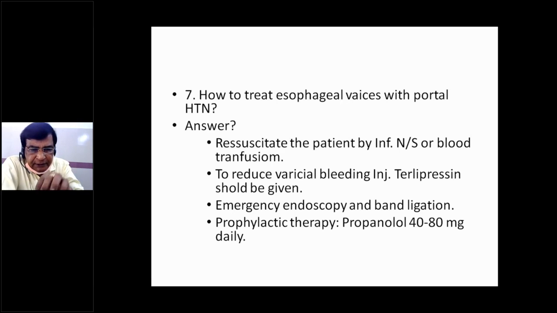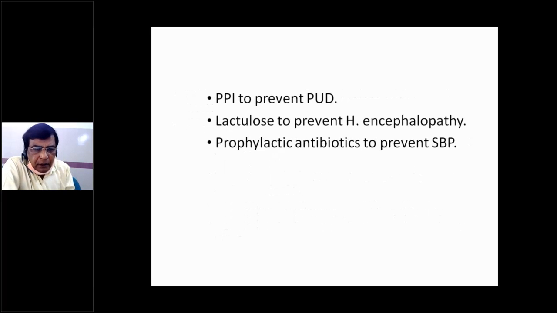And prophylactic therapy for portal hypertension, there is propranolol 40 to 80 milligram daily. And PPI to prevent PUD, and lactulose to prevent hepatic encephalopathy, and prophylactic antibiotics to prevent spontaneous bacterial peritonitis.